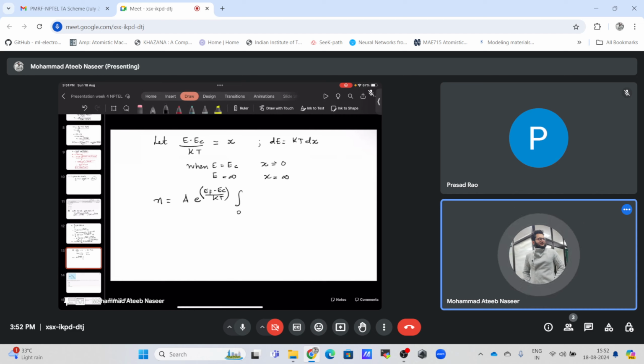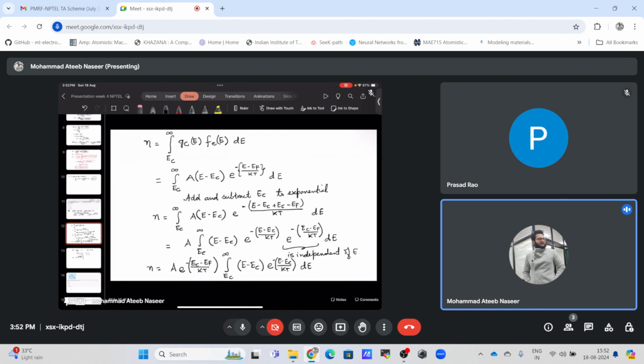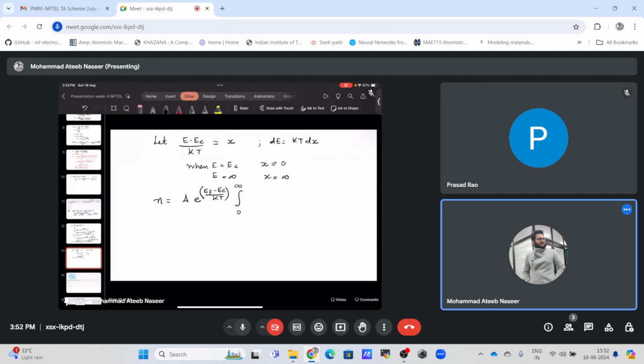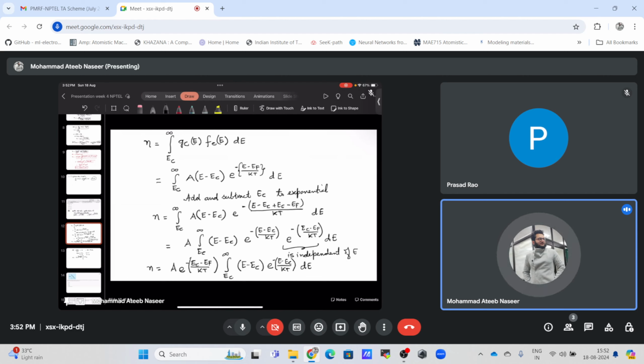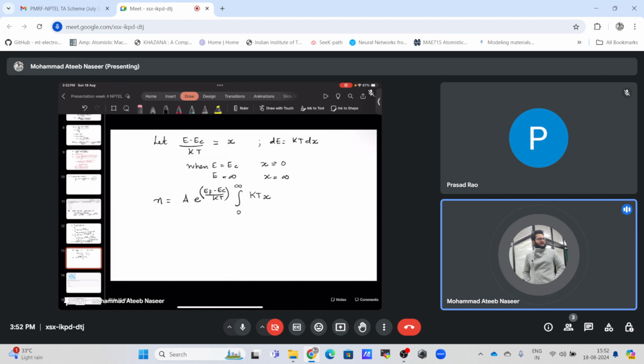Integral 0 to infinity. Let us check. E minus EC is simply KTX, and this is exponential of minus x, and dE is simply KT dx.